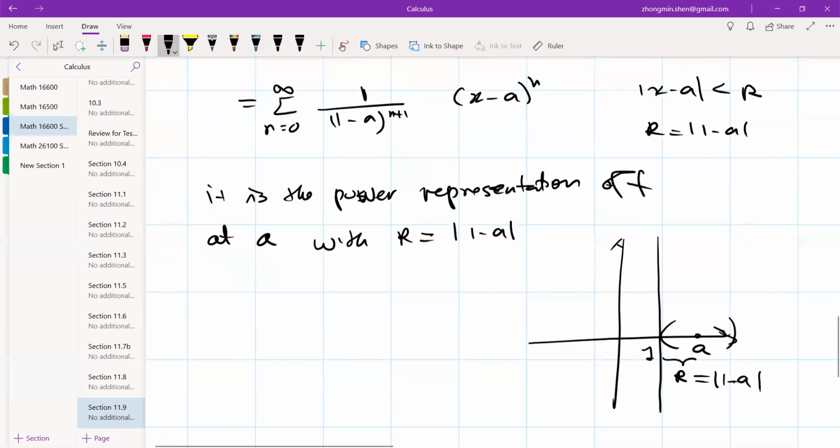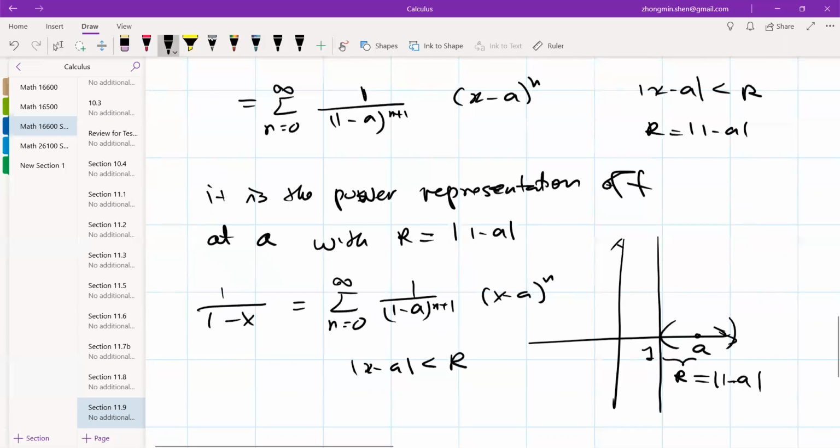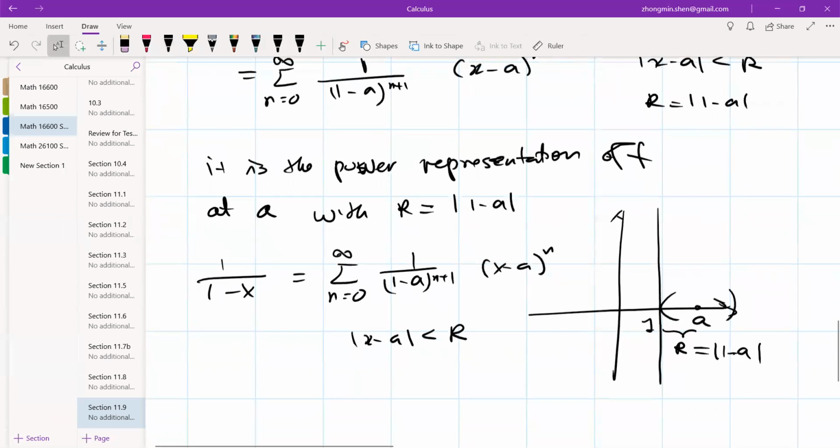In other words, this one is going to be the sum of a_n times (x minus a) to the power n, and this holds when |x minus a| is less than R over that interval.